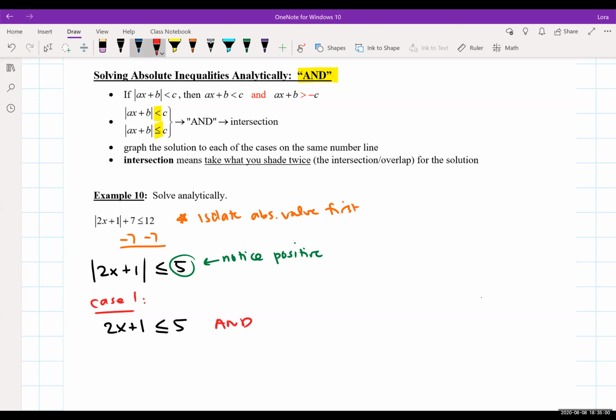And the second case, case 2, absolute values generally have 2 cases. We do this dropping the bars, reverse the direction of the inequality symbol, and take the opposite of your constant. So it was +5, it's now -5.